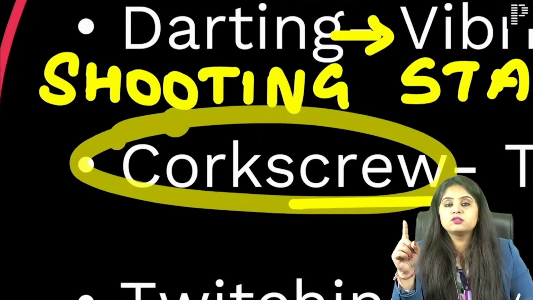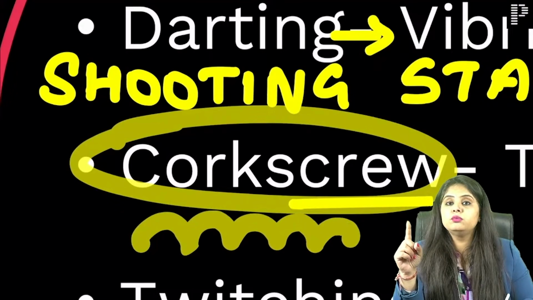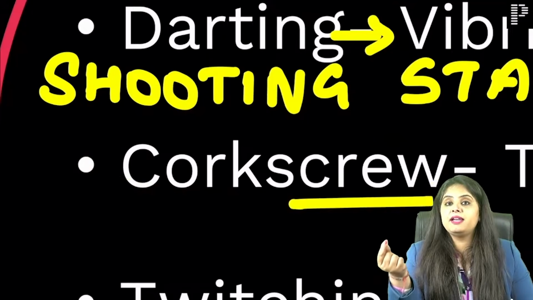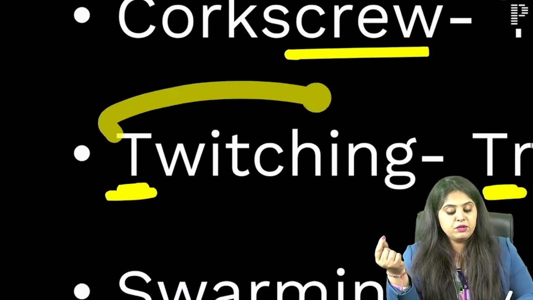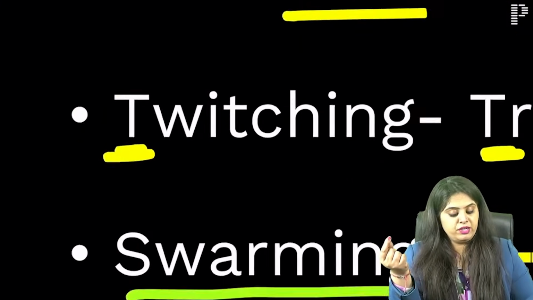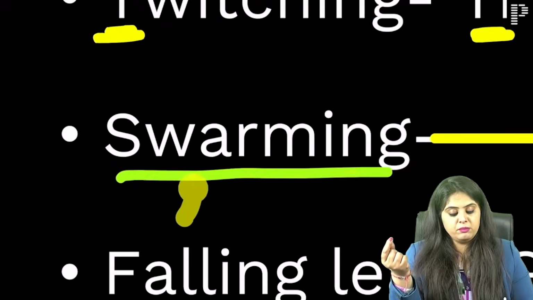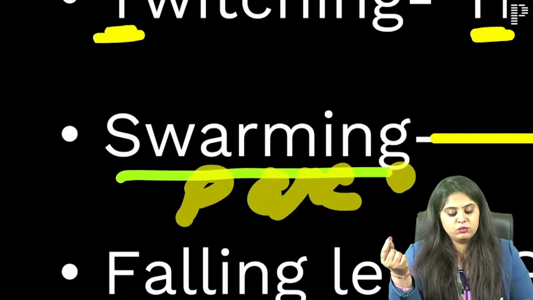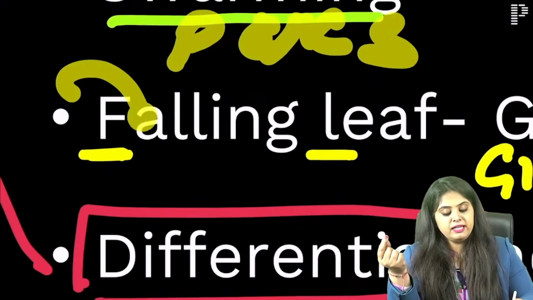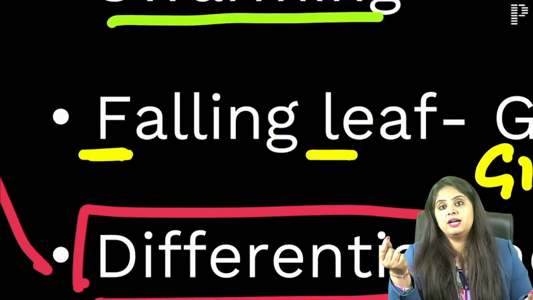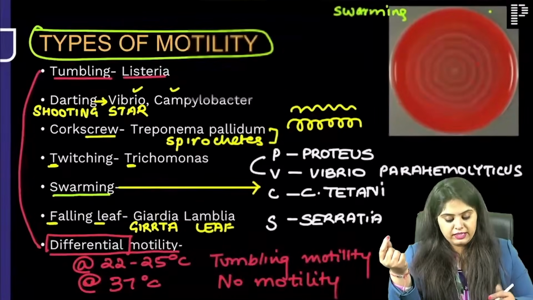Who will show you corkscrew motility? Looks like a screw, moves like a screw, Treponema pallidum or spirochetes. T for T, twitching motility, Trichomonas. Swarming, only tell me the mnemonic, PVCs. Swarming motility, round and round, is known by PVCs. Falling leaf, girta hua leaf, Giardia lamblia. All the motilities are done.